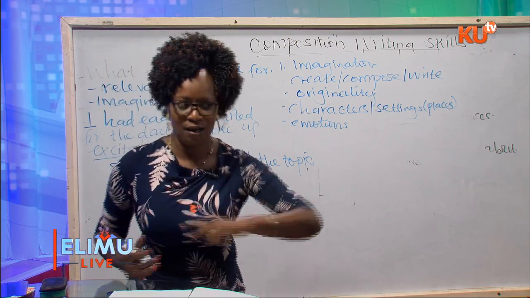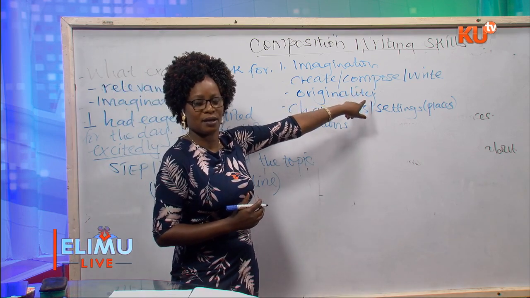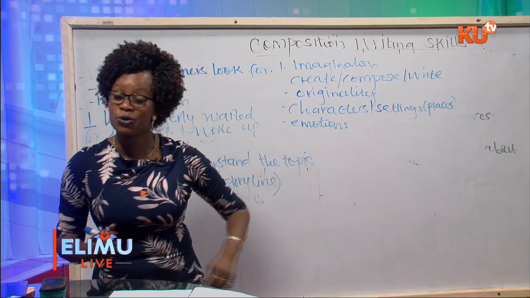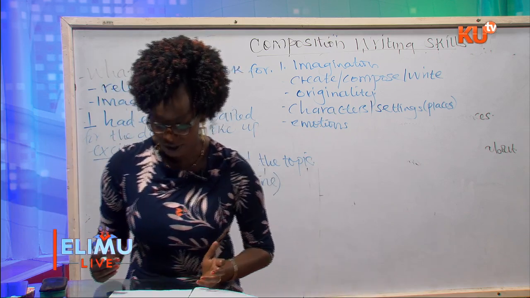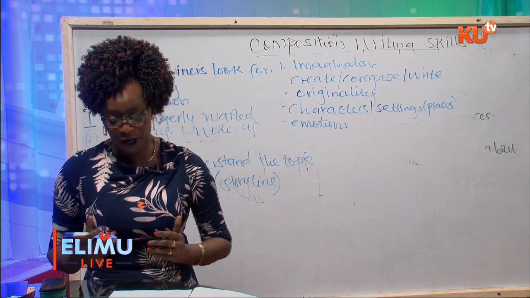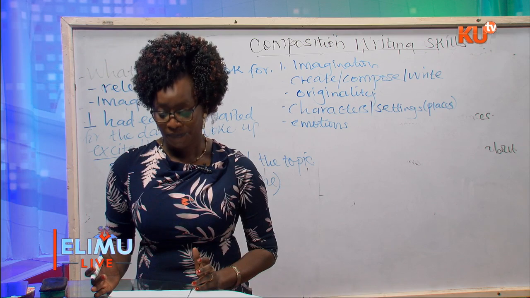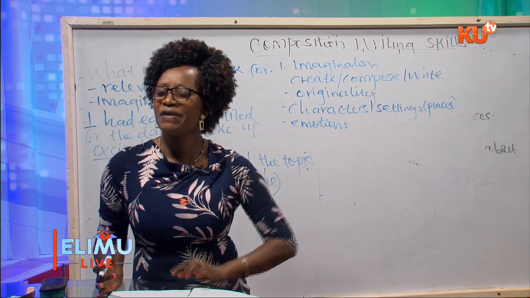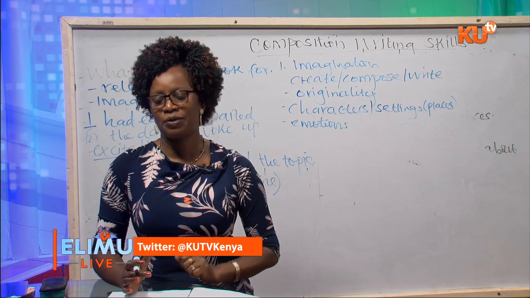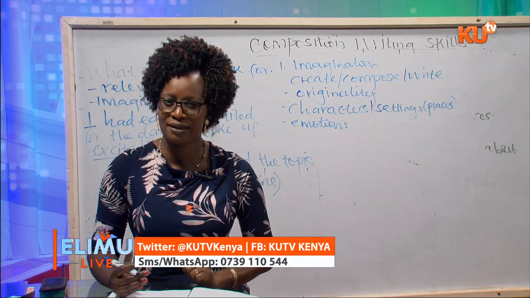But now remember, we are still being original. Even as we write a story that we read from a certain book, from a novel, from a magazine, from a newspaper, or even from blogs. Remember, we still have to be original, even as we remember that story that we had read somewhere. And how do you do that?